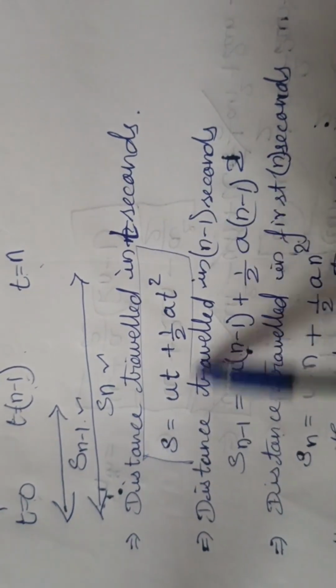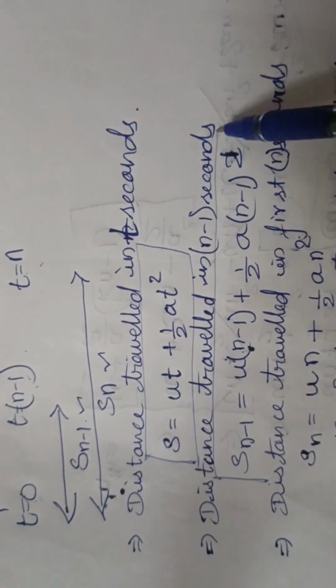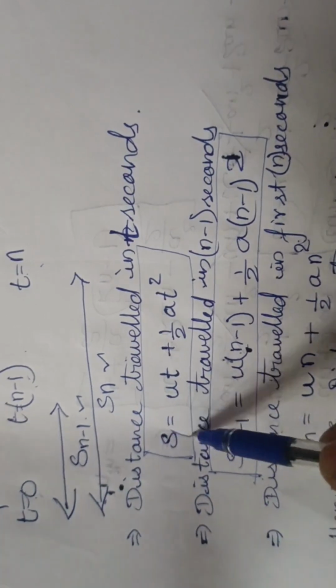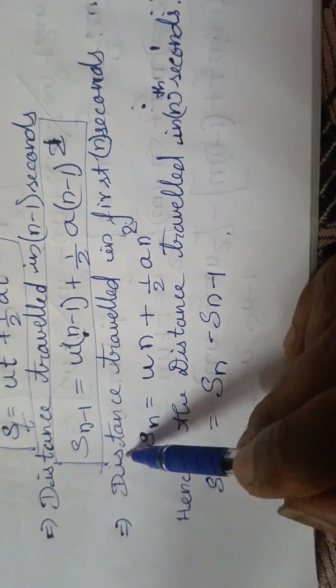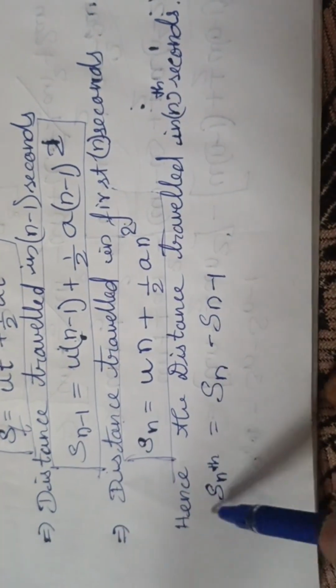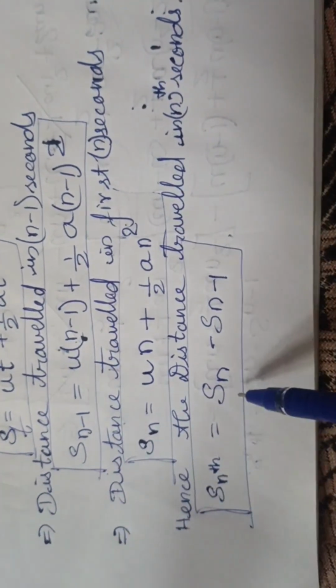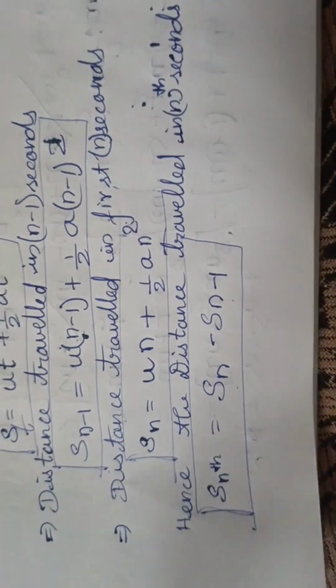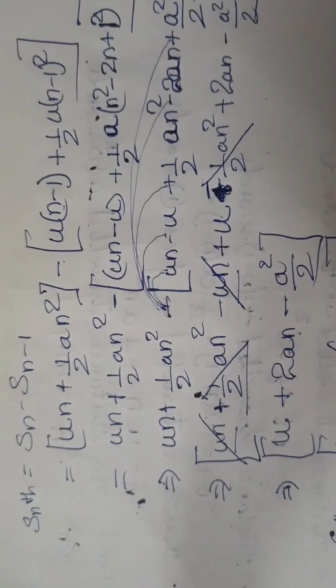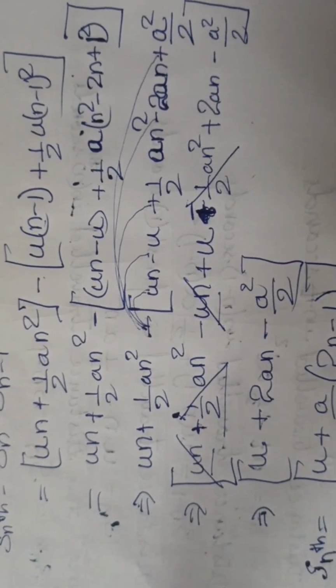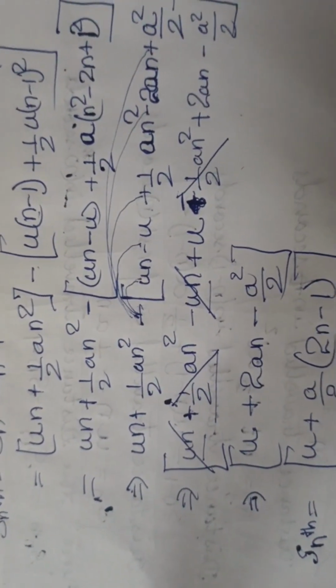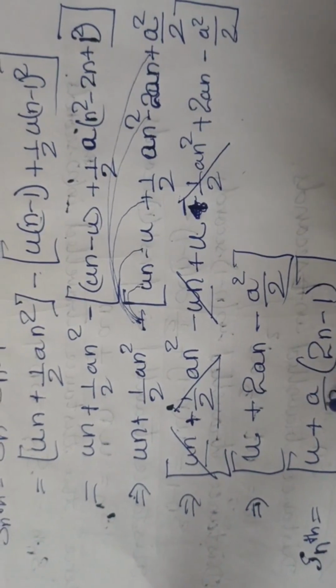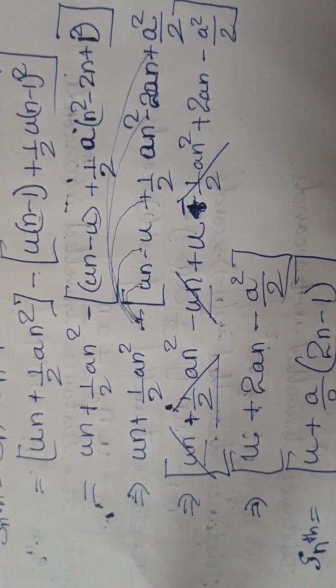After the explanation, this is the S n value, the S nth value. Then we will go ahead with the S nth value which we have defined, and the S nth value will be S n minus S n minus 1. And at last, this is the derivation part we have started with, and we have landed with the exact equation, that is u plus a by 2, 2n minus 1.